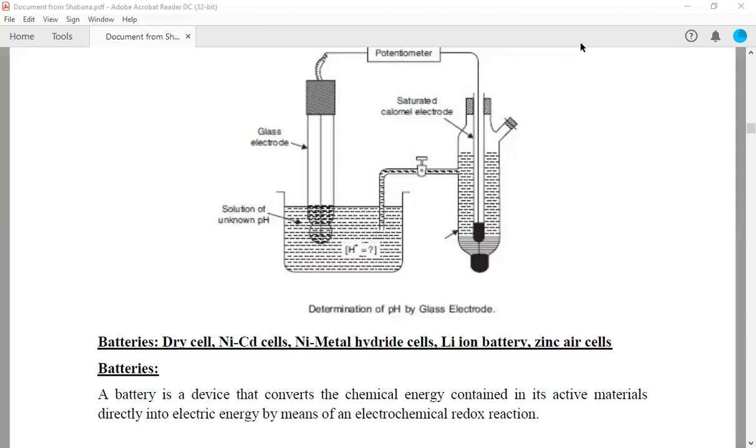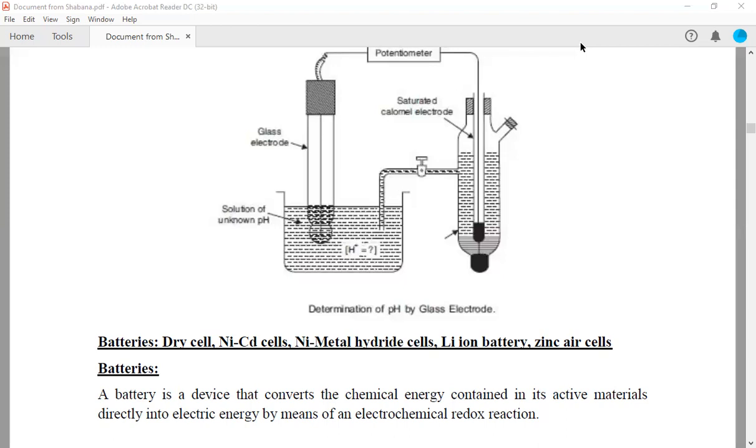A battery is an electrochemical cell connected in series and can be used as a source of direct electric current at a constant voltage.